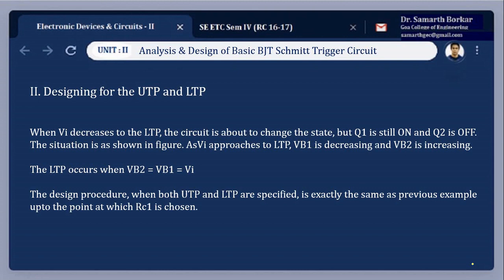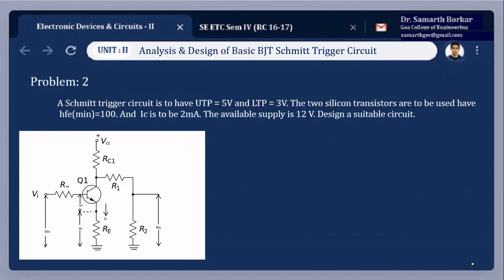So the LTP occurs when VB2 equals VB1 equals Vi. The design procedure when both UTP and LTP are specified is exactly the same as the previous example up to the point at which RC1 is chosen. So we'll start with the next problem.